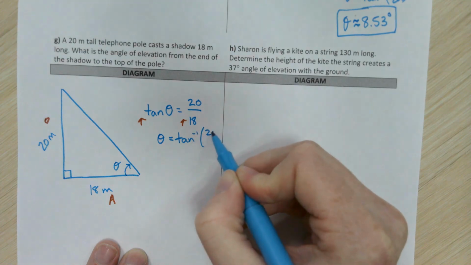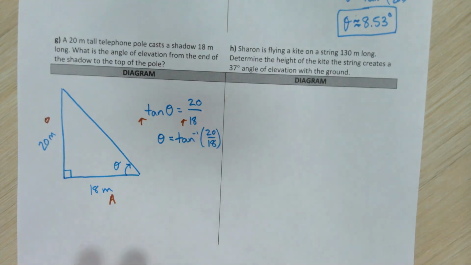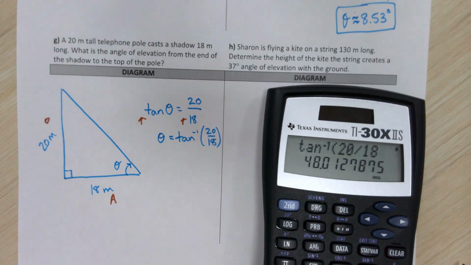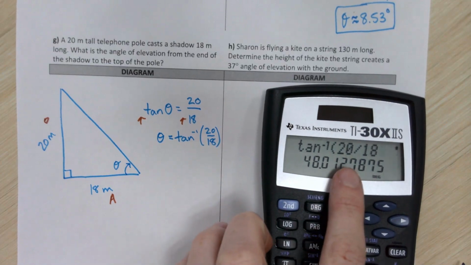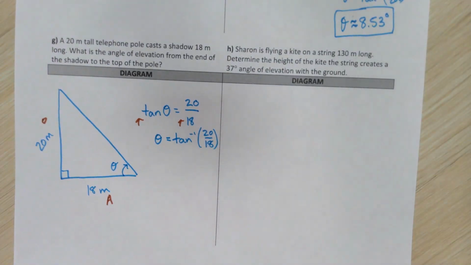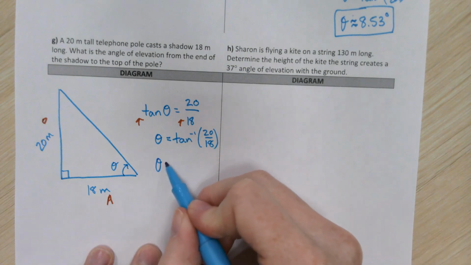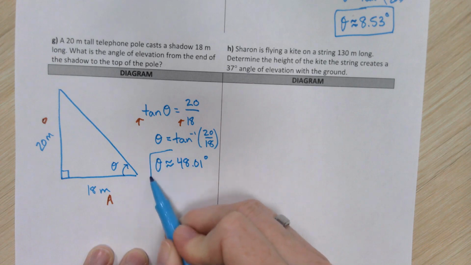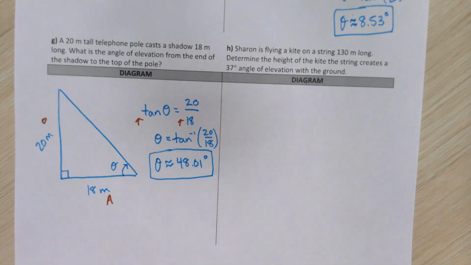And so tangent inverse of 20 over 18 should tell me what that angle of elevation is equal to. 48.012. That 2 means we don't need to round it up, so 48.01 is my approximate measure for that angle of elevation in degrees.